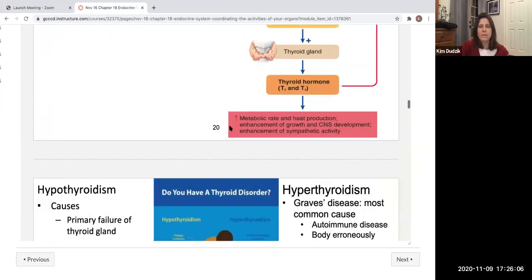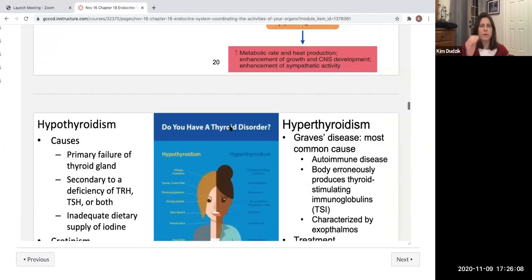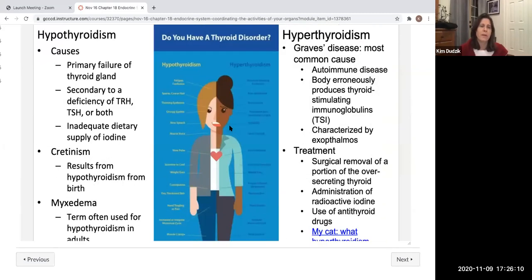Okay, and then here are some disorders with the thyroid gland. So we have two types of things, hypothyroidism or hyperthyroidism, right? Hypo means less of, hyper means more of. So hypothyroidism means that the thyroid is understimulated. We usually say we have primary causes and secondary causes.